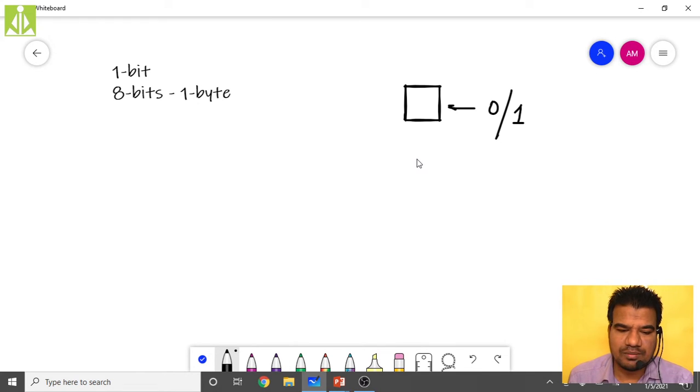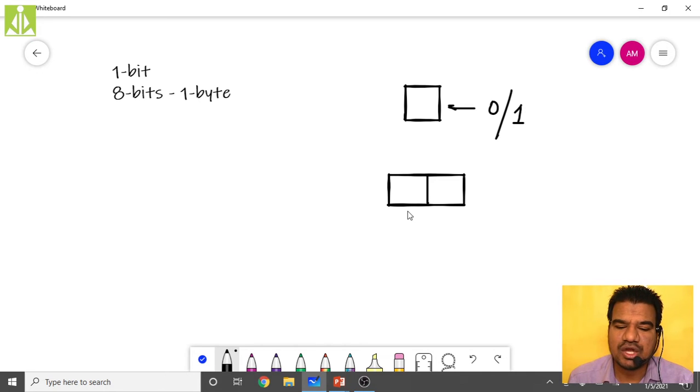Before going to that, let us understand one more thing. In 1 bit you can store either 0 or 1. This you understood. So if there are 2 bits, how many values can you store? Now you will get combinations, as you have 2 characters in your alphabet.